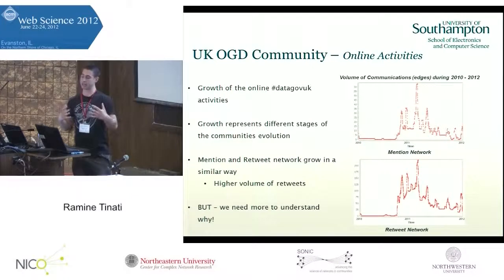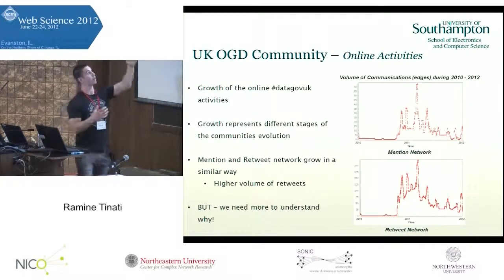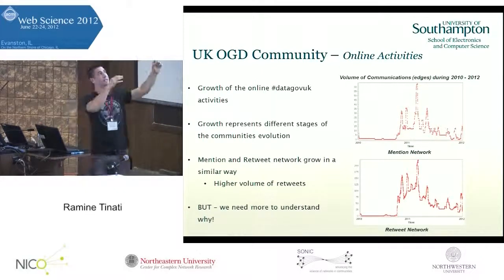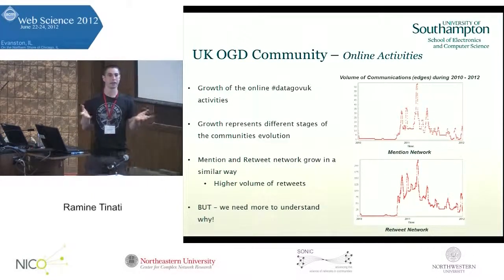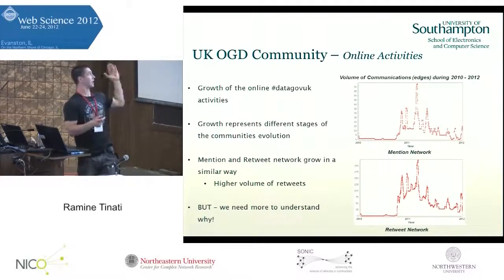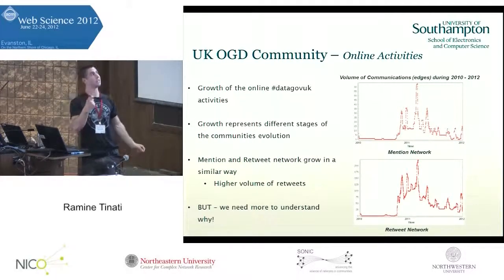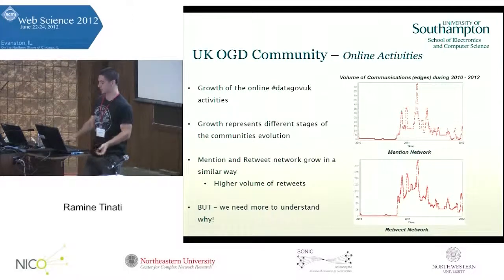So if you were taking this and putting it towards the social theory that I was talking about, the process of translation, you would say, oh, great, so suddenly there's activity, people are mobilizing, the network's improving in its stability, and things are starting to happen, but then it tails off. So you would think, oh, perhaps that's the end of the network. But again, as I said here, we need more to understand this. We really need to know what's underlying all this before we can make some sort of assumptions.